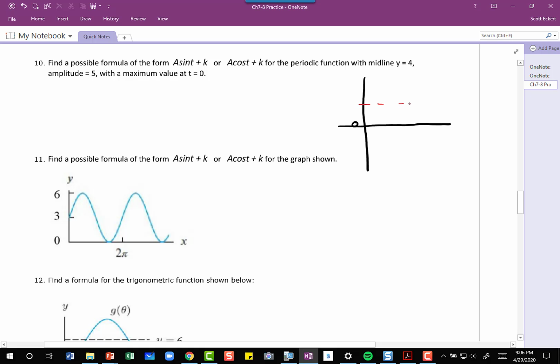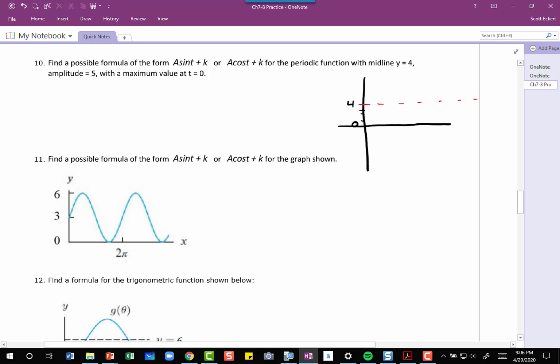I don't have a whole lot of space. Okay, now that would need to have a 1, 2, 3, 4.